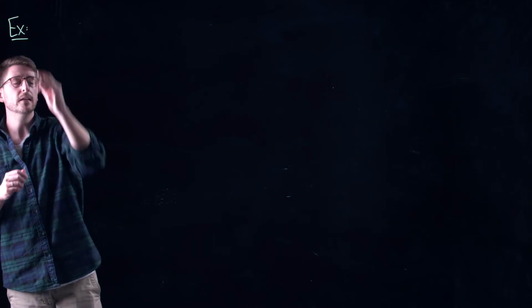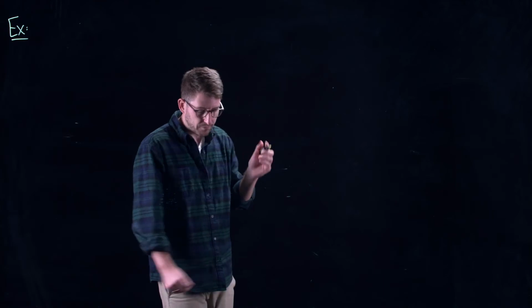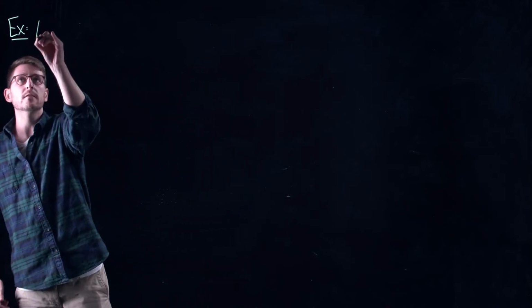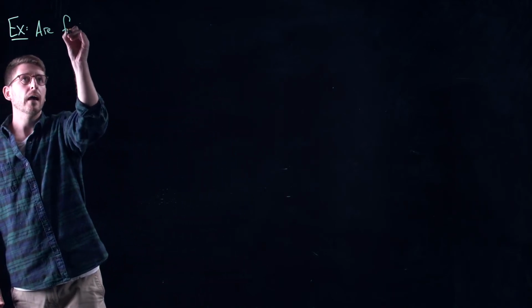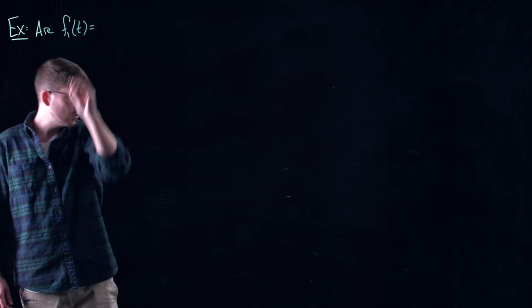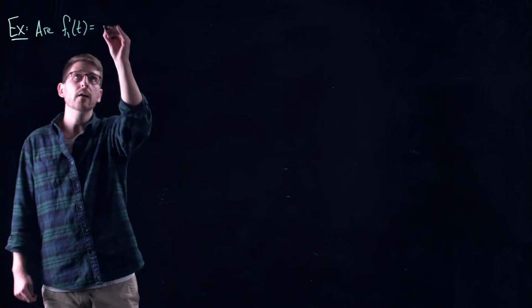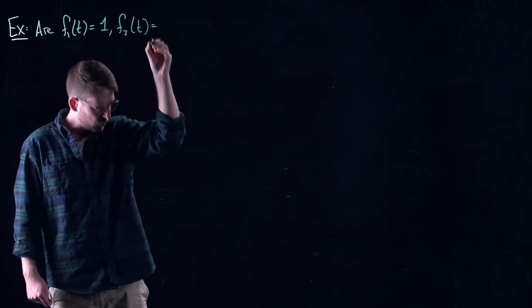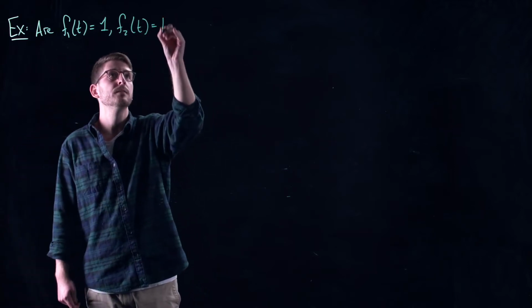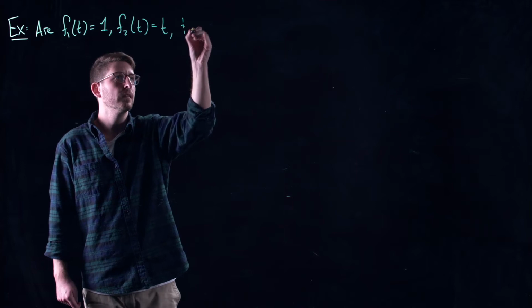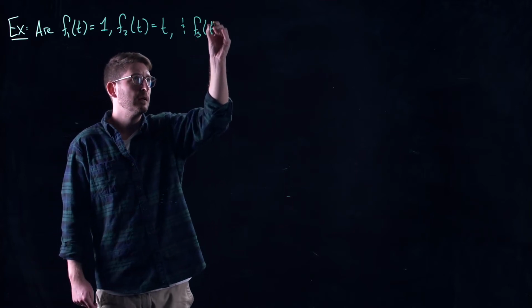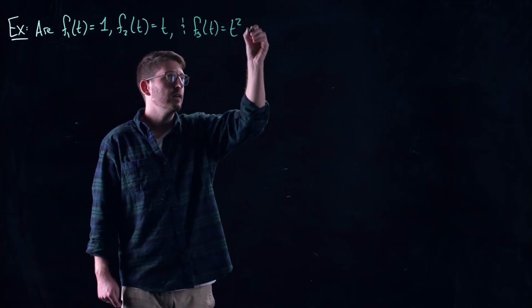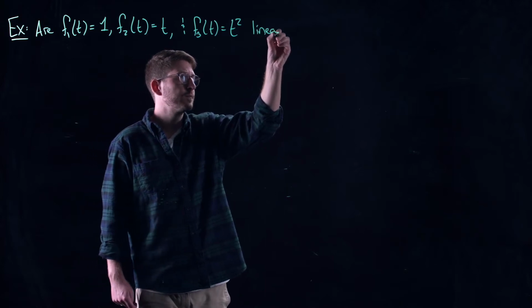We're going to talk about linear independence of a set of functions. So we can ask ourselves, are f1 of t equal to, let's say, 1, f2 of t equal to t, and f3 of t equal to t squared, linearly independent?